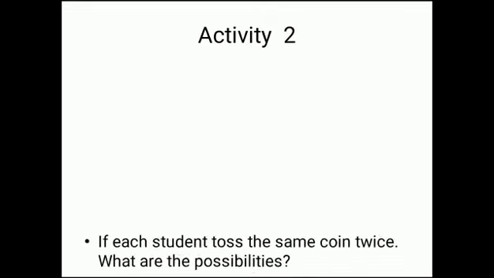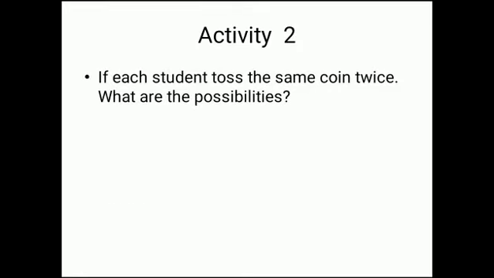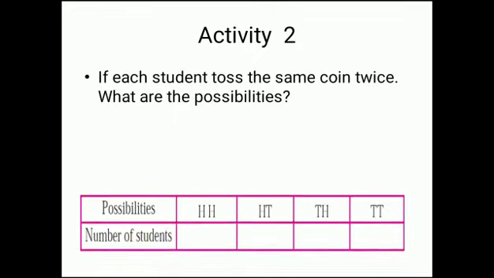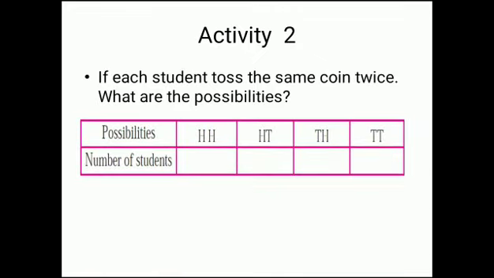Activity 2. Let each student toss the same coin twice. Then, what are the possibilities? Here, a student can get heads in both the tosses, which is represented by HH.